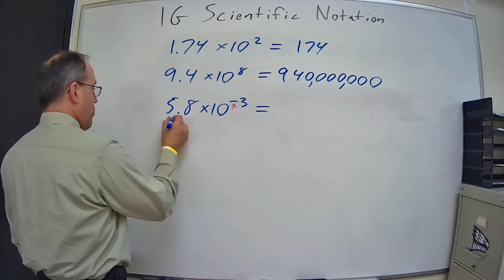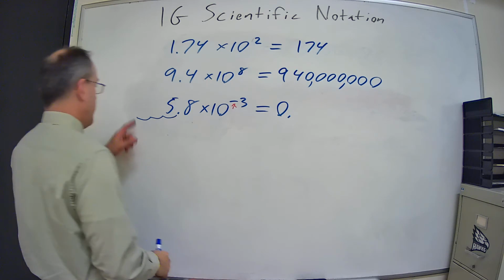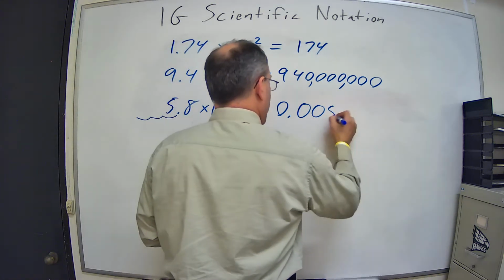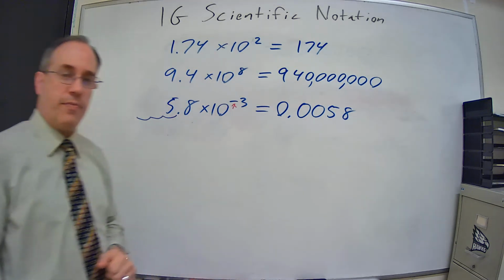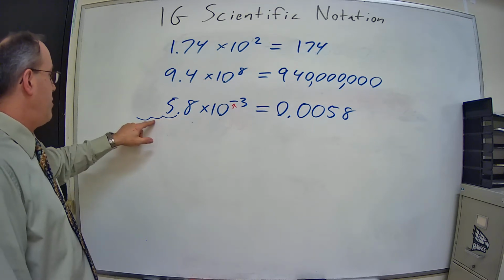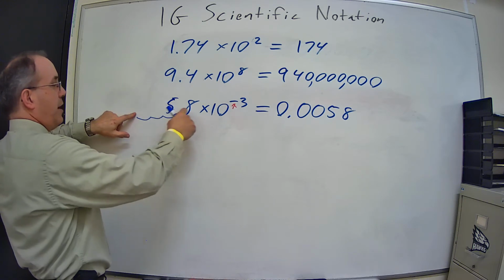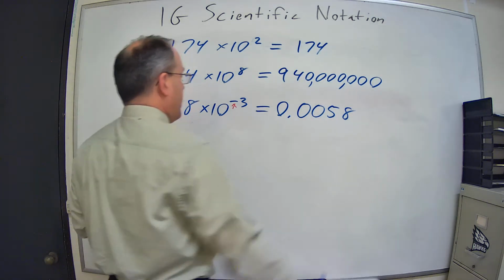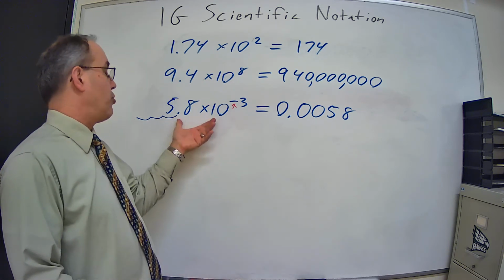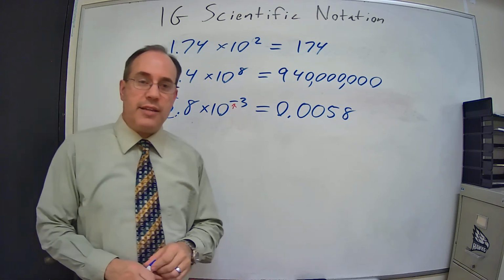So it would go 1, 2, 3. So we have 0 point, right? The decimal point's there. 0, 0, 5, 8. See what I did? I moved the decimal point 3 places to the left. 1, 2, 3. And then I filled in 0, 0, 5, 8. So I'm able to go to a small number from this number in scientific notation.